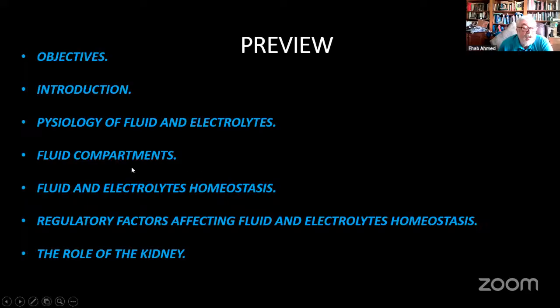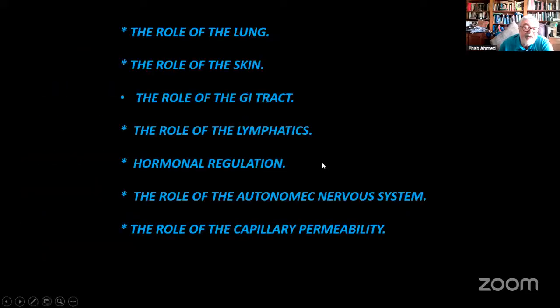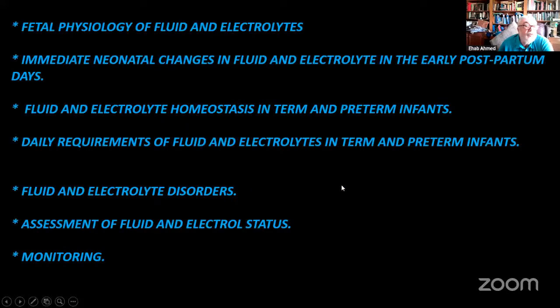And this includes fluid compartments, fluid and electrolyte homeostasis, regulatory factors affecting this homeostasis, and then we'll go to the organs dealing with or affecting the homeostasis: the kidney, the lung, the skin, the GI, lymphatics, and hormones, autonomic nervous system, and capillary permeability.